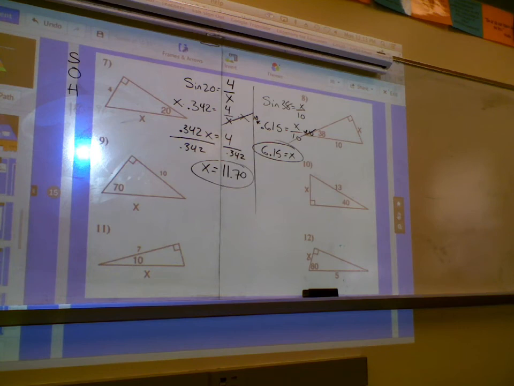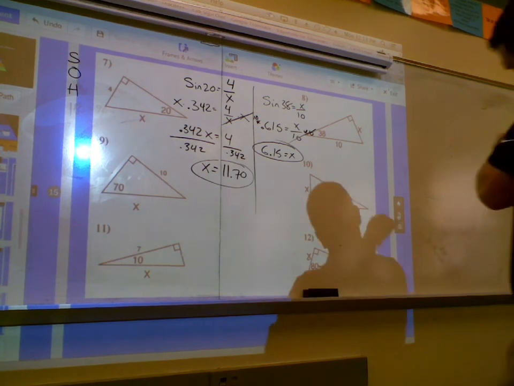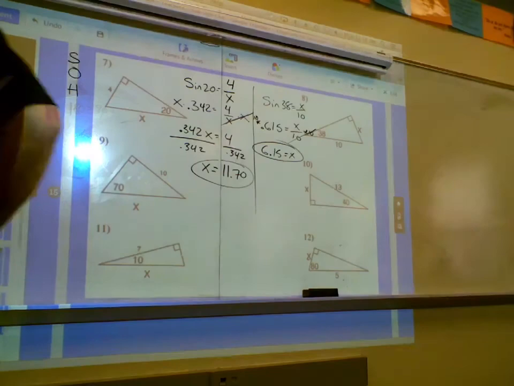Show your work, Lauren. Yes. Because these are your notes. Equals opposite. There you go. Good. You saw that? Andrea, do you have enough space this time?